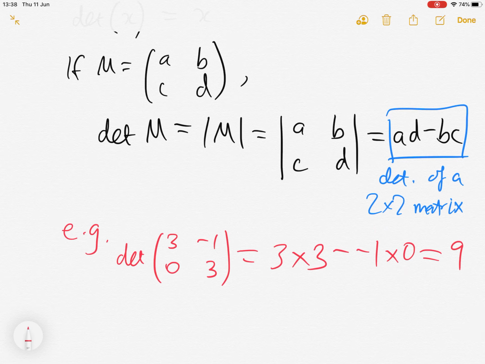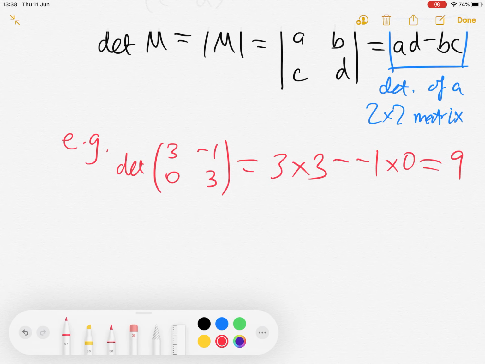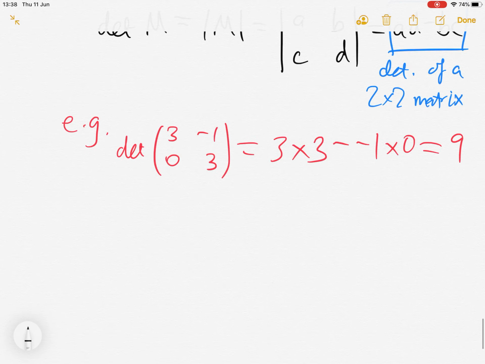It does have a geometric meaning, which I don't want to touch on too much now because that's the subject of chapter 7.